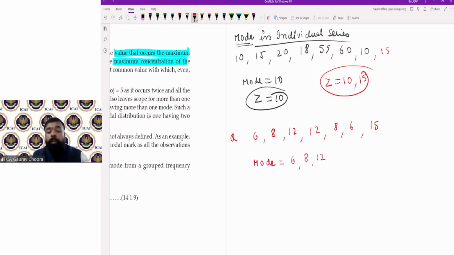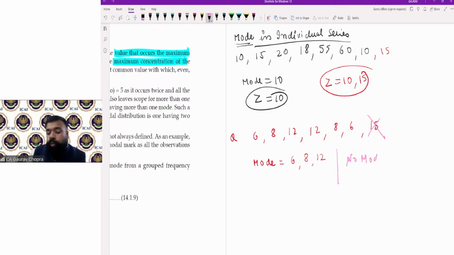All right. But let's say if 15 is not given in the question, then what will be the mode? If this 15 is not available, only 6 values are there, 6, 8, 12, 12, 8, 6. Then what will be the final mode in that case? So if 15 is not available, then we will say that there is no mode.